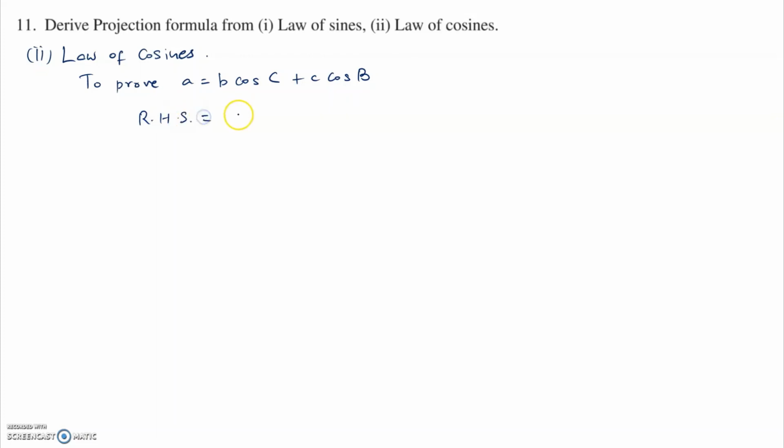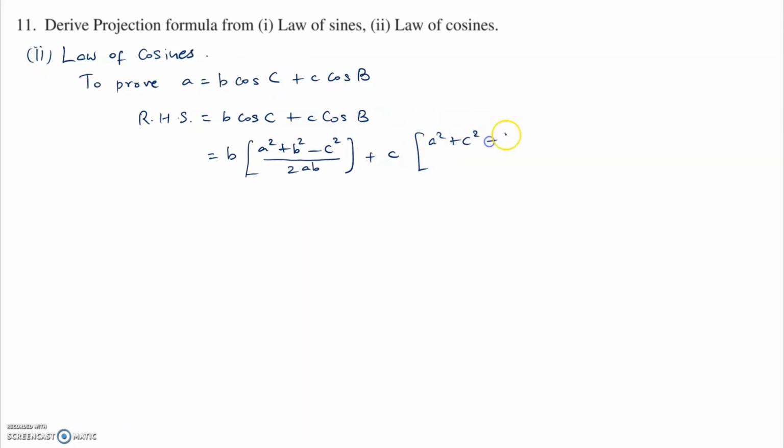So the right hand side is B cos C plus C cos B. Let's replace cos C using the cosine law. So this is B into, according to the cosine law, cos C is nothing but A squared plus B squared minus C squared divided by 2AB. Similarly, cos B will be A squared plus C squared minus B squared divided by 2AC.